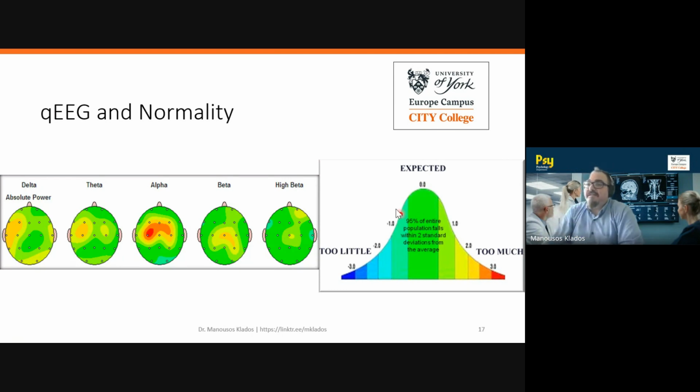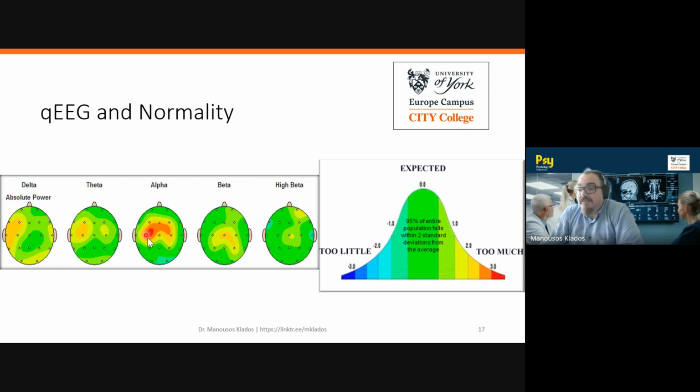And considering this, what we can note here is that this person's left temporal and centrotemporal, frontotemporal, let's say, activity of the delta gamma is a bit increased, very close to 3 standard deviations.